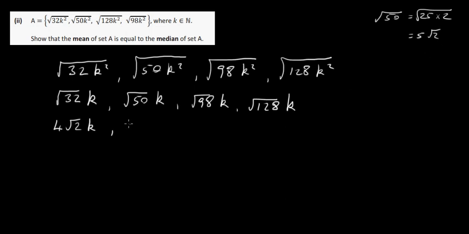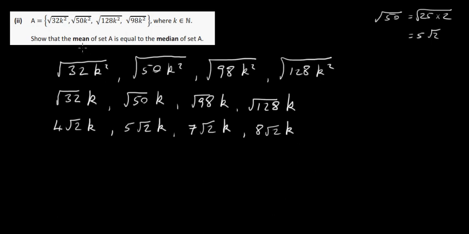So this is just going to be 5 root 2 times k. 98 is 49 doubled, so 2 times 49, and the square root of 49 is 7, so here we're going to get 7 root 2 k. And 128 then we've done already, we found that was 8 root 2, so 8 root 2 k.